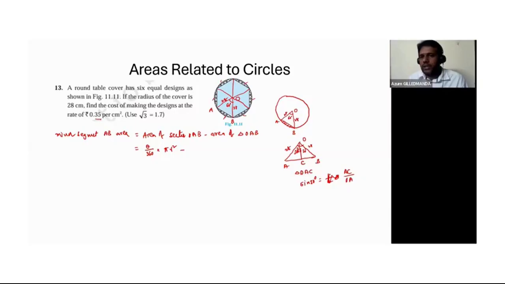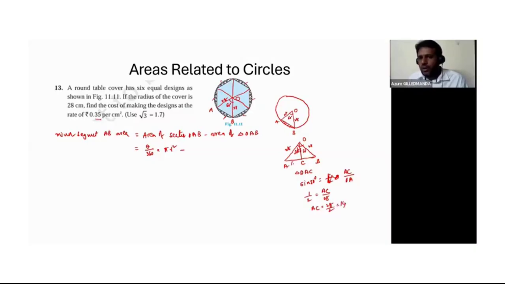You agree? Sine 30 degrees from this right angle triangle, sine 30 is opposite side by hypotenuse. Opposite is AC, hypotenuse is OA. Now, what is AC? I don't know. What is sine 30? 1 by 2. 1 by 2 equal to AC by what is OA? 28. Then can I say AC equals 28 by 2, which is 14.